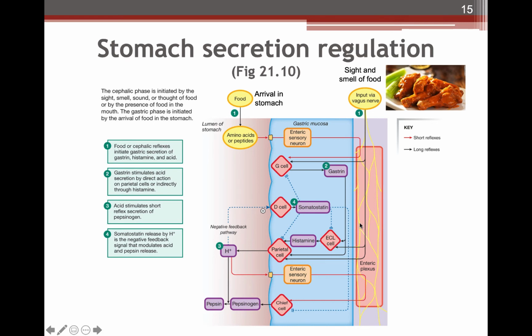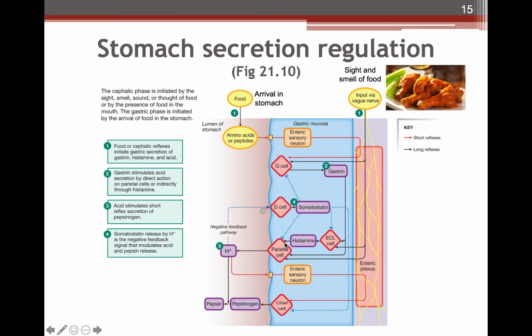Now there's also a sort of a third backdoor way to stimulate these parietal cells. Gastrin will also trigger the ECL or enterochromaffin-like cells to release that other paracrine signal that I mentioned before called histamine.